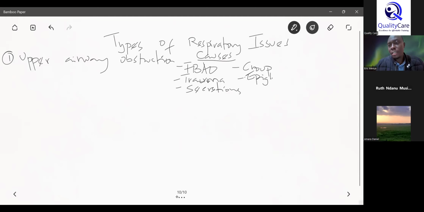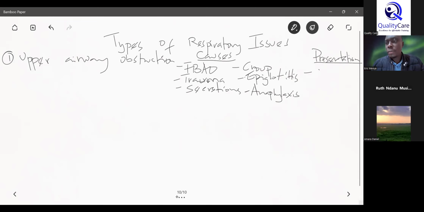I think also anaphylaxis, for example, in the event whereby you find someone has a pharyngeal swelling. Yes. Anaphylaxis. How would they present? What is a unique presentation to upper airway obstruction?